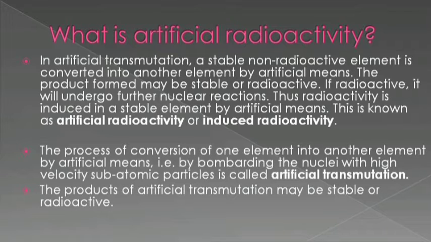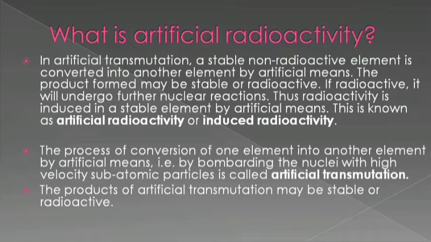So whenever a stable nucleus is converted to an unstable nucleus, this phenomenon is known as artificial radioactivity. The daughter nucleus is radioactive in that case, and the radioactivity developed is artificially developed radioactivity. That's why it is known as artificial radioactivity or induced radioactivity.